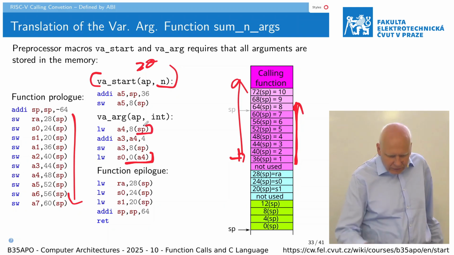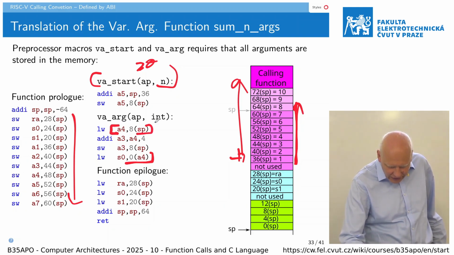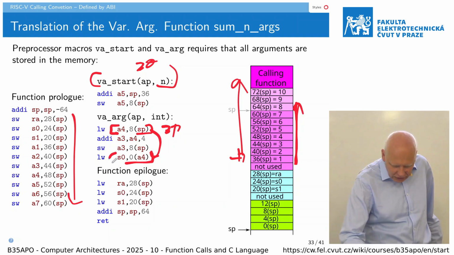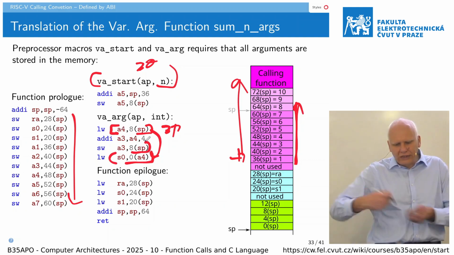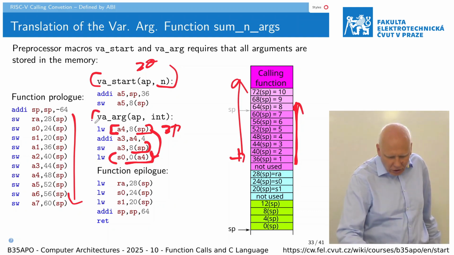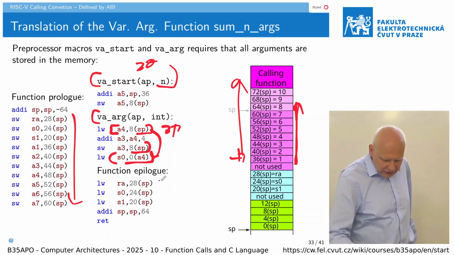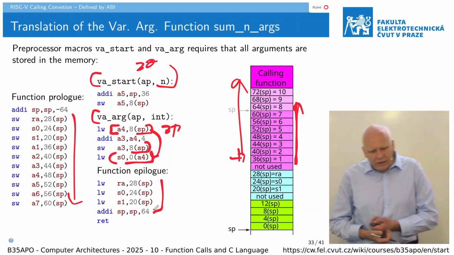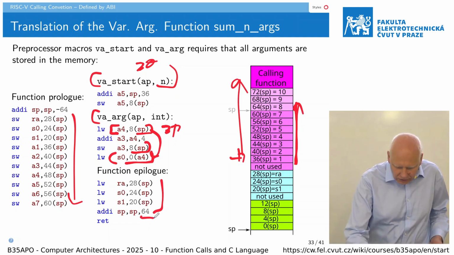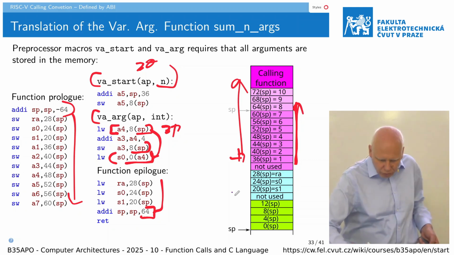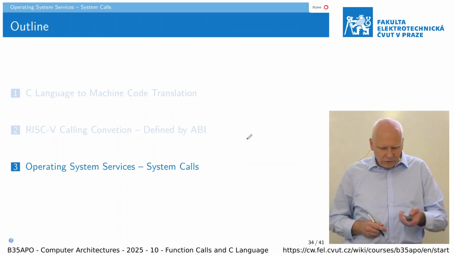In fact, this is the argument pointer. It remembers the value in A4 and takes the integer from it, and it advances the argument pointer to the next one. The next invocation of this macro will give you the next location. And at the end, we need to restore the previous state of the stack pointer. So there is exactly the same move of the stack to the previous value.